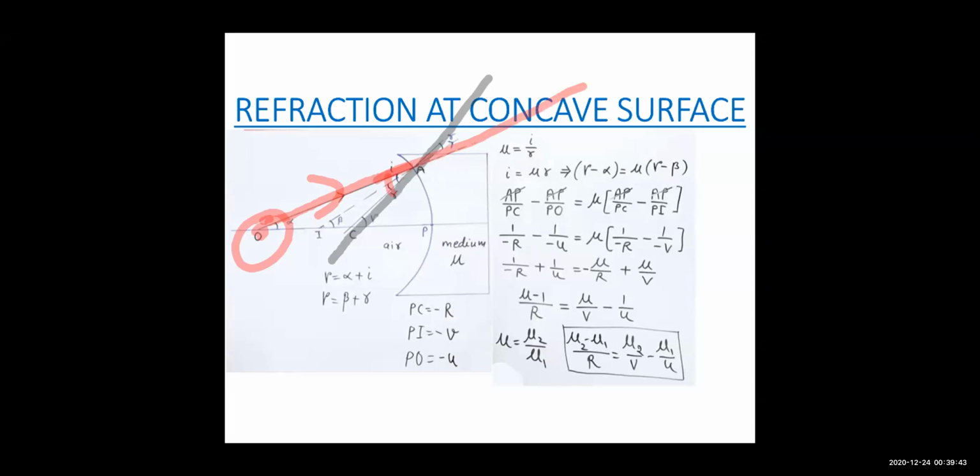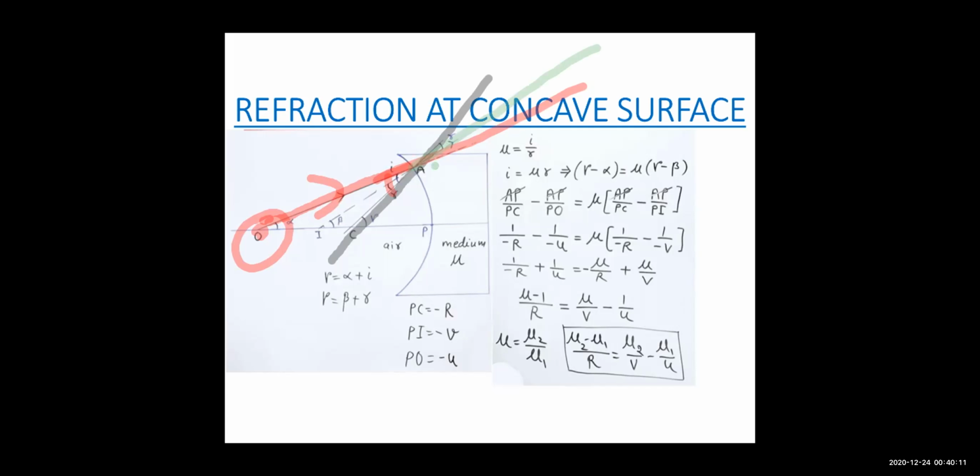Okay, so what happens as the ray of light is going to enter from a rarer medium to a denser medium, it suffers refraction, right? So it is going to bend towards the normal. So instead of going straight, the ray from O is going to bend towards the normal and the ray will come like this. That is, green color is your refracted ray. Right, children?